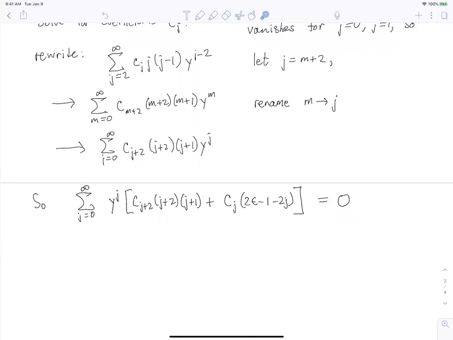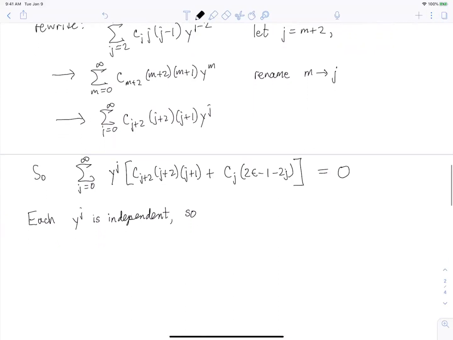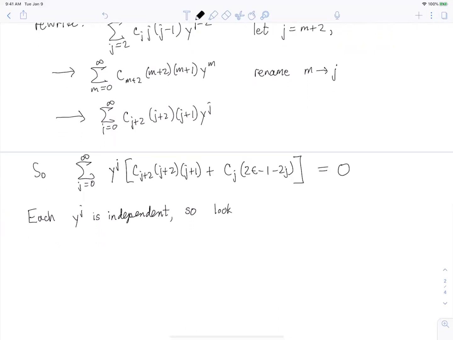The argument is that each y to the j is an independent number, and so for the full thing to be 0, we can just look at them one at a time. Look at each j on its own. For this to equal 0, this whole expression right here has to equal 0.